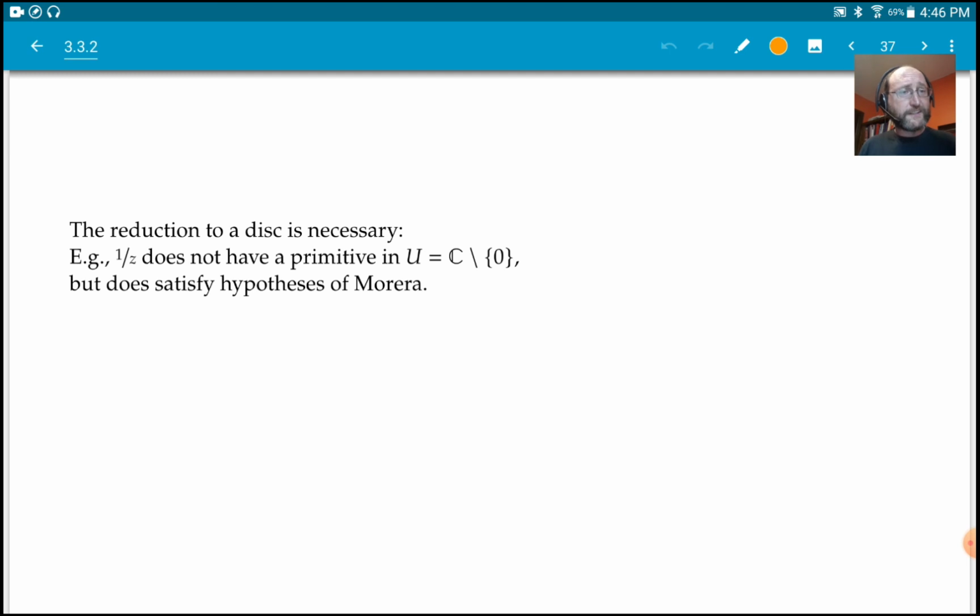Well, we'll see the simply connected domains, but in that version of it, that was for star-like domains. So, for example, 1 over z does not have a primitive in the punctured plane, right? Actually, I mean that's a big deal. That's the thing that should be the primitive. That's the logarithm, right?